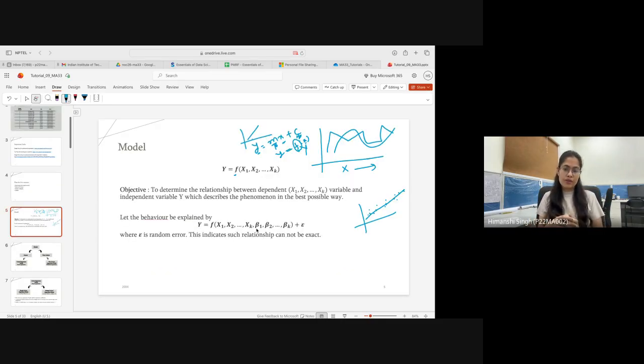Now here we have x1, x2, ..., xk and also beta1, beta2, ..., beta k. If we talk about regression analysis, we say that a particular regression analysis is linear if it is linear in these parameters, beta1, beta2, ..., beta k. And we say that it is a non-linear regression analysis if it is non-linear in beta1, beta2, ..., beta k.